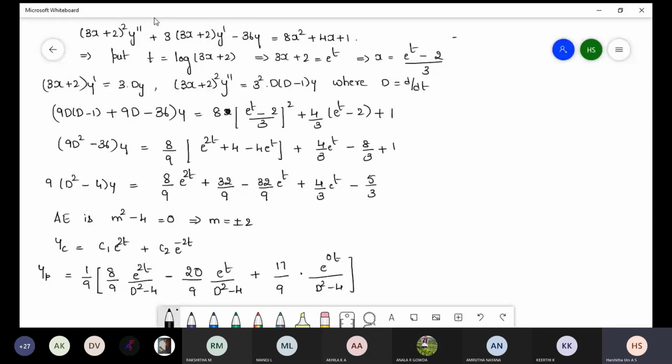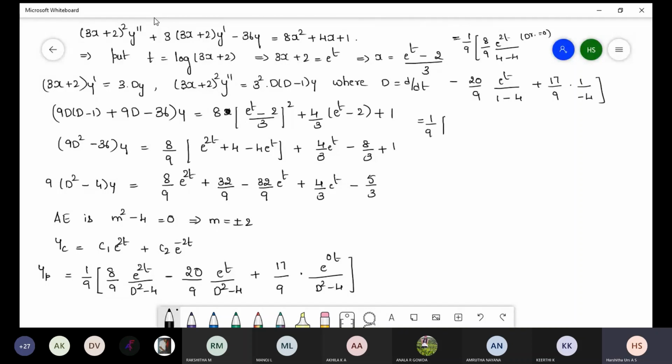Here I will write the continuation: (1/9)[(8/9)e^(2t)/(4 − 4) − (20/9)e^t/(1 − 4) + (17/9)·1/(0 − 4)]. The first term's denominator will be 0.